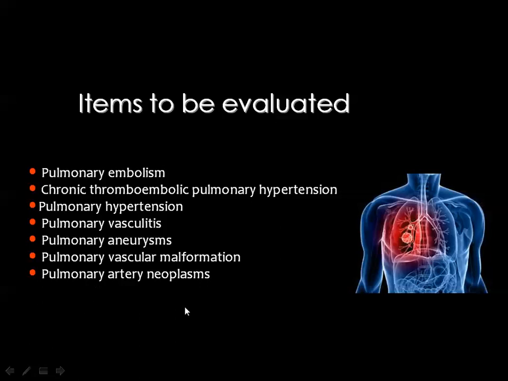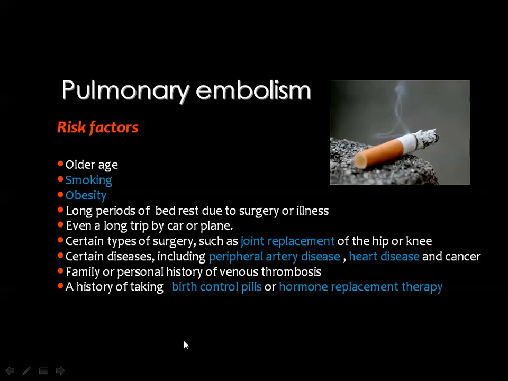the pulmonary artery neoplasm. Then we'll start with the pulmonary embolism, and here are the risk factors, which include the age, of course, obesity, and smoking, which is related to many of the thoracic diseases.